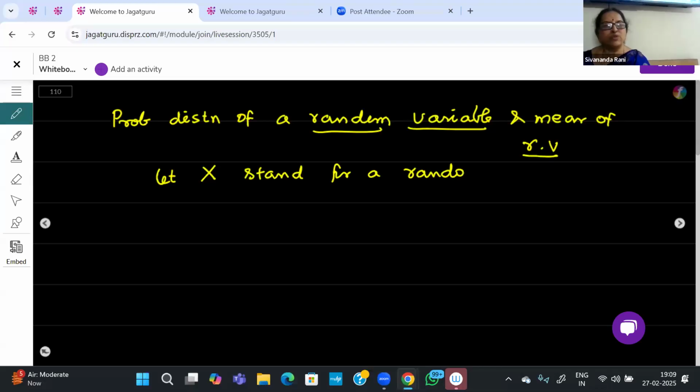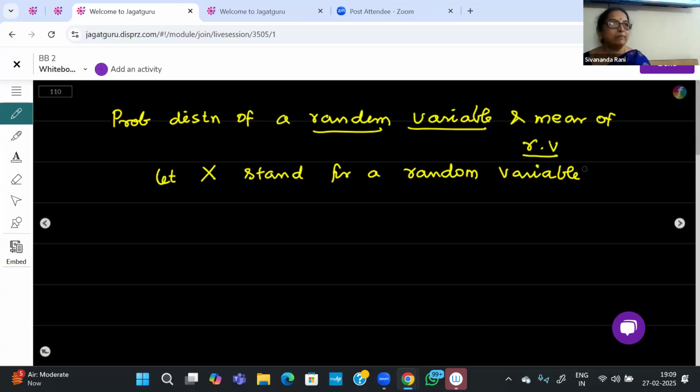We always say, no, we choose a notation for the random variable and then say, let X stand for the random variable, depicting the number of balls or depicting the number of cards drawn or depicting the higher number, whatever they ask for. In the question, they will ask, find the probability distribution of the number of heads, or they'll say, find the probability distribution of number of red balls.